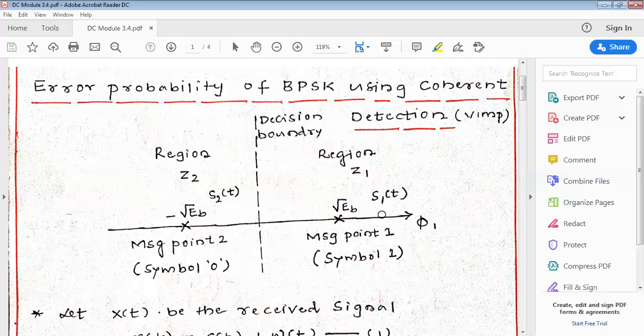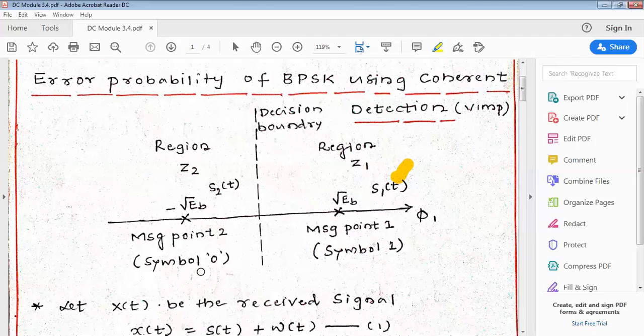You can see here that S1 of t is located at square root of Eb for the message point or symbol 1, and message point 2, where S2 of t is located at minus square root of Eb, is for the symbol 0.